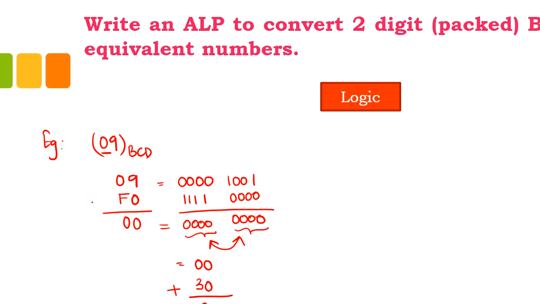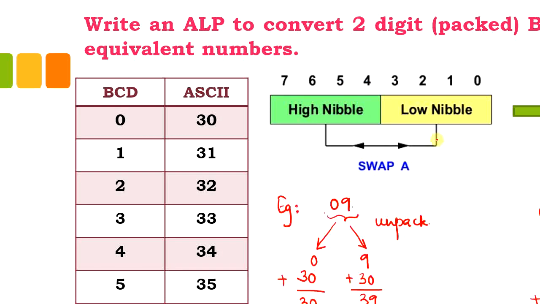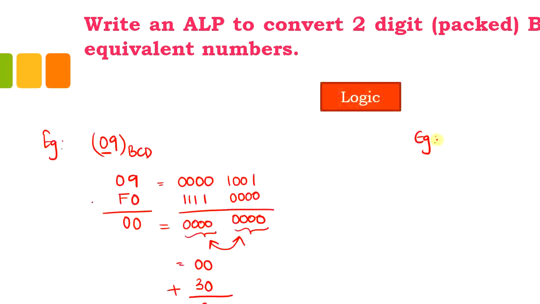So this was the first example that I considered. The second example that I had considered was 35, right? So 35 in BCD, if it is considered, then first I need to consider the entire BCD number 3 and 5.